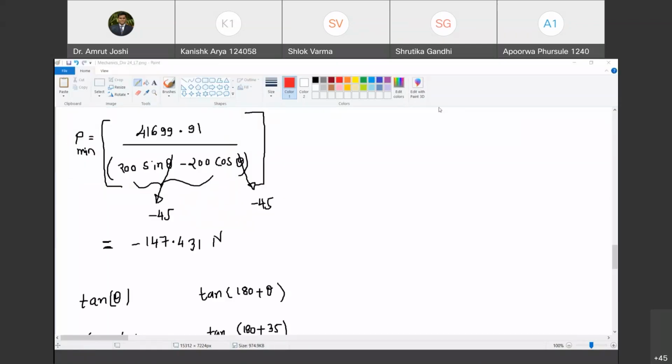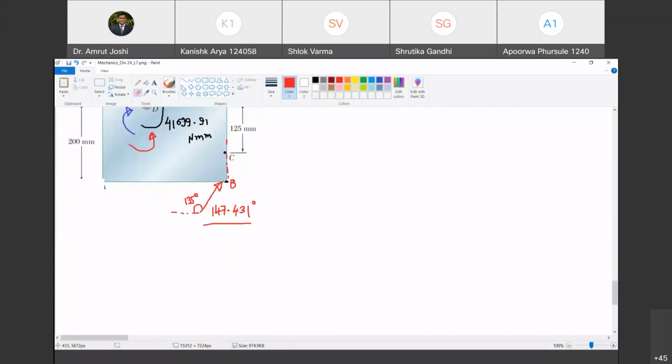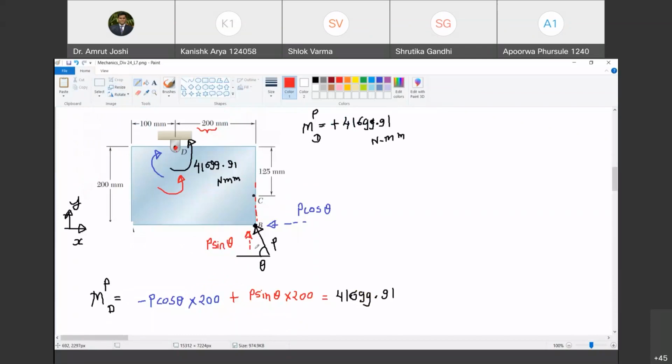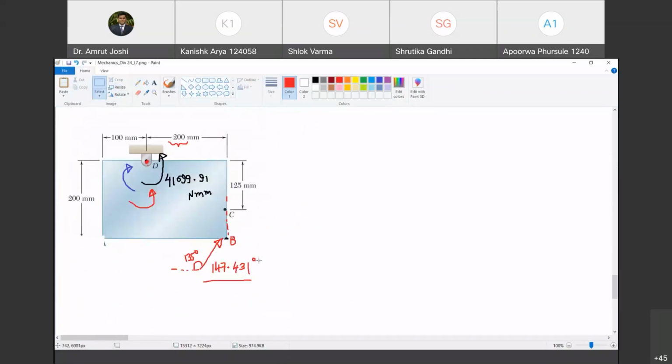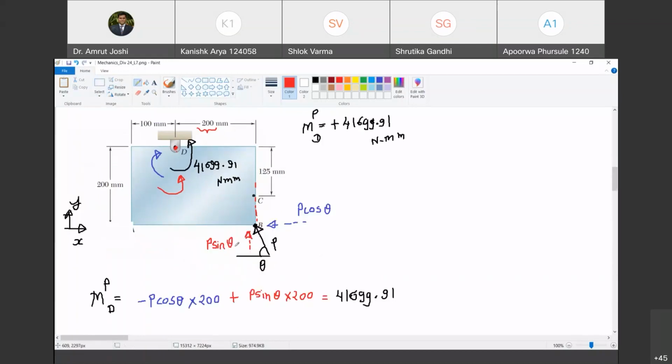Okay. This value has to be minus 147.431 Newton.